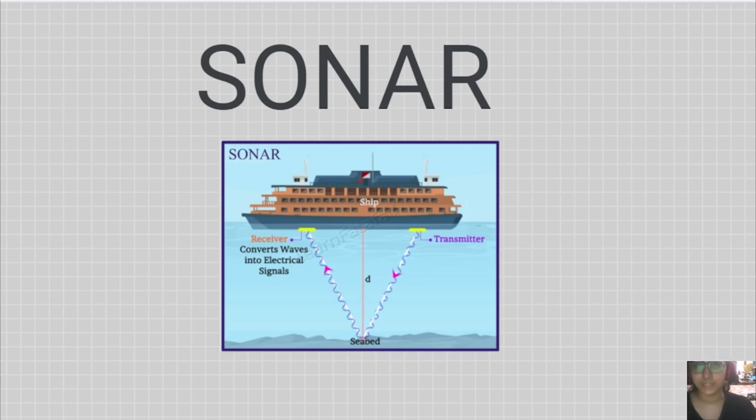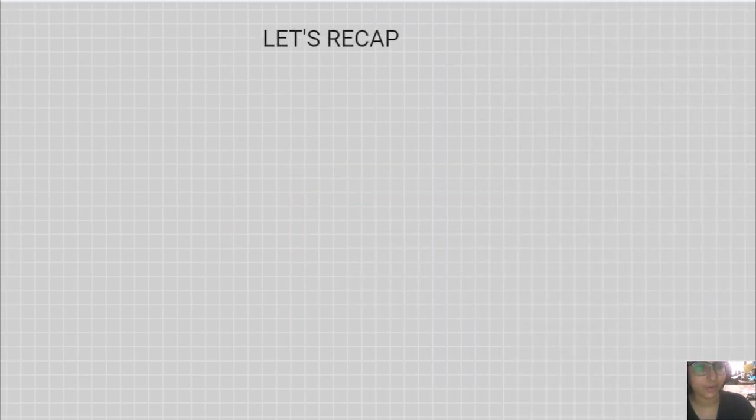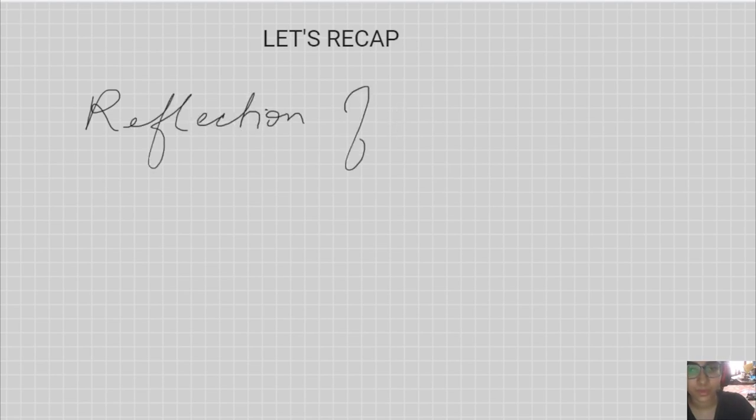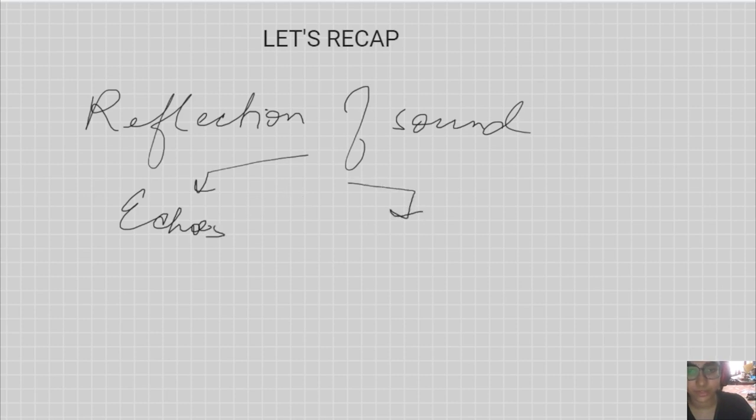Before starting today's session, let's just have a quick recap of what we had studied in the last class. Well, as I told you, we talked about reflection of sound. So we talked about echoes and reverberations, right?